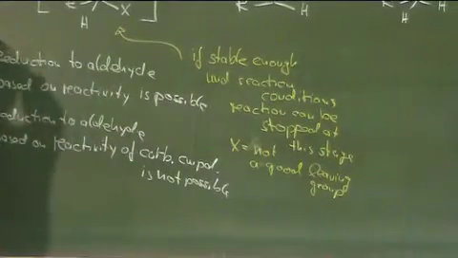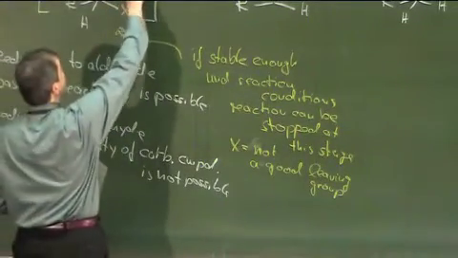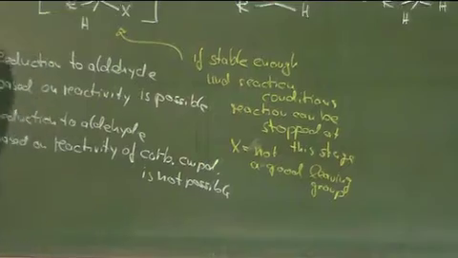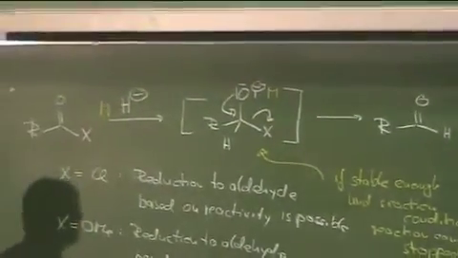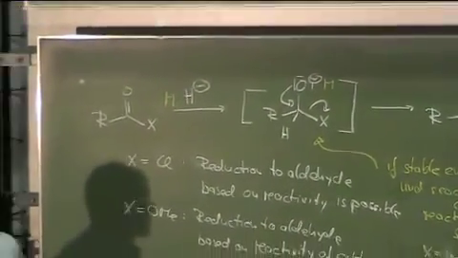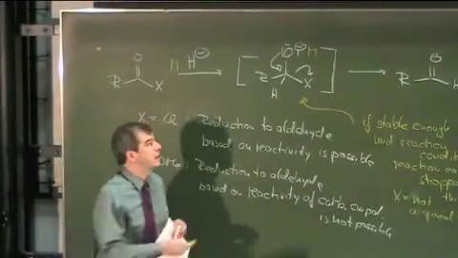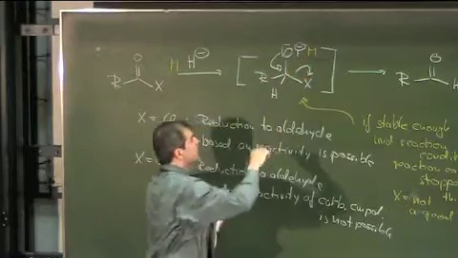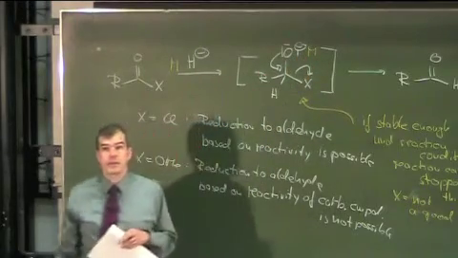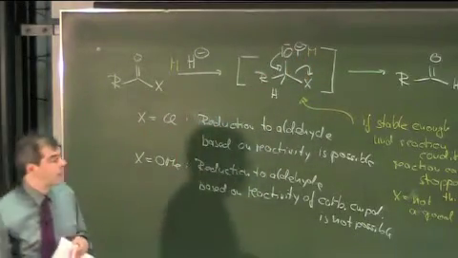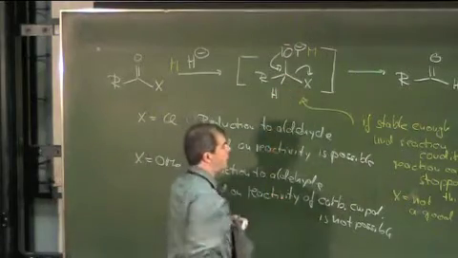And also if the metal we have here, if we use metal hydrides, is clinging strongly enough to the oxygen in order to withdraw enough electron density to make the donor capacity of that oxygen not so strong that it pushes out the leaving group here.